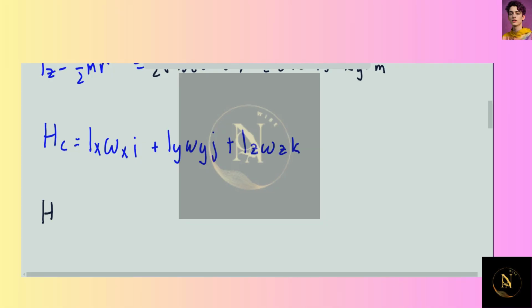So now we just plug in the known values. So Ix we know is 0.0225, and omega x is 0.